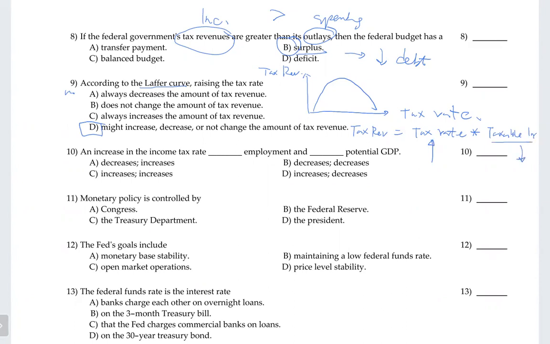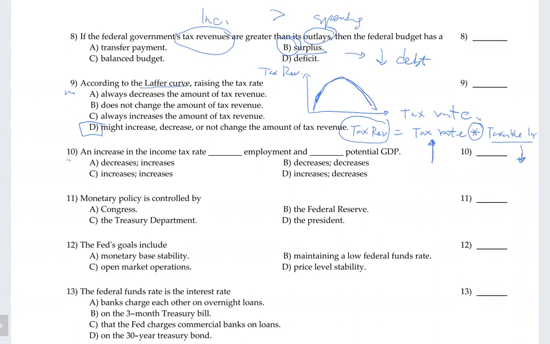Why? Because that's going to reduce your incentive to work and reduce your incentive to invest. And then what's going to be the net impact on tax revenue? Because one is increased and the other is decreased, they multiply each other. So mathematically, this is how it is. This is the Laffer curve.